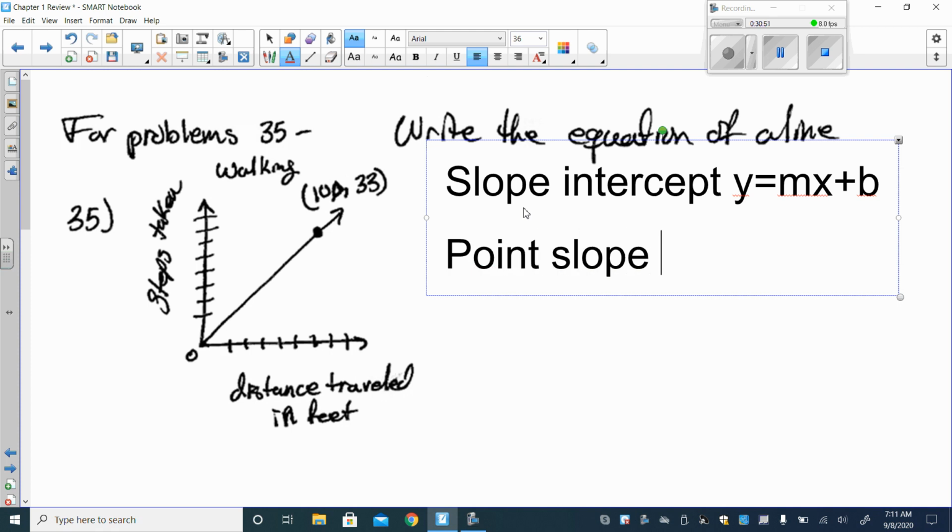Now we have point slope form, which is y minus y1 equals m times x minus x1, in parentheses.